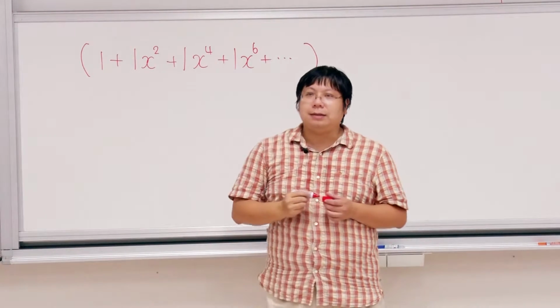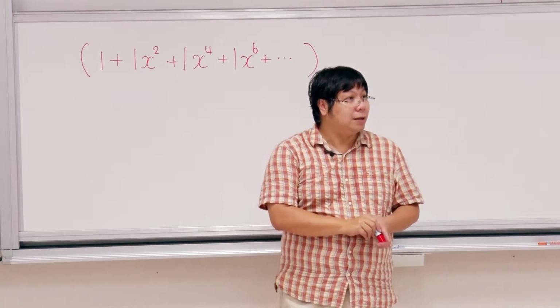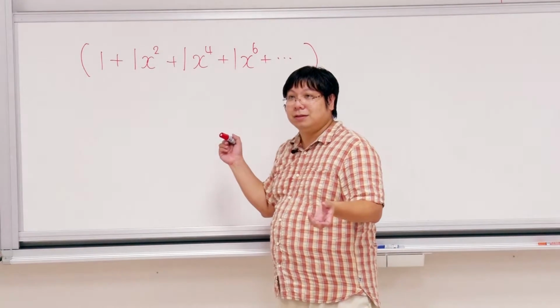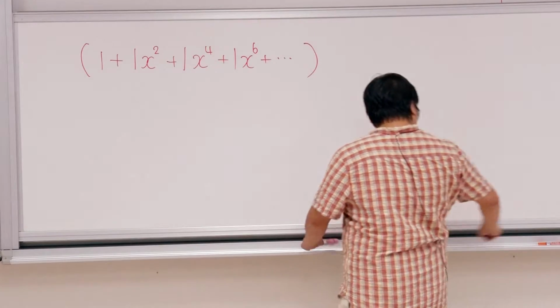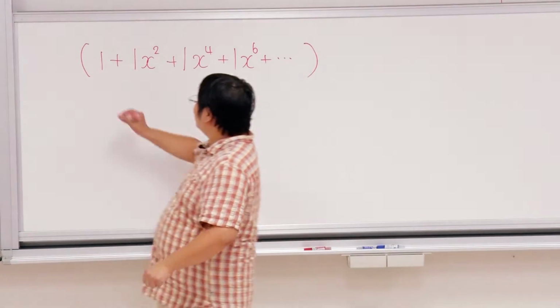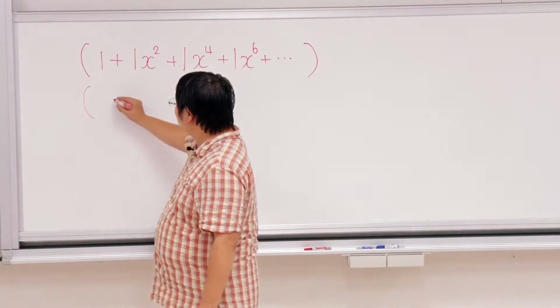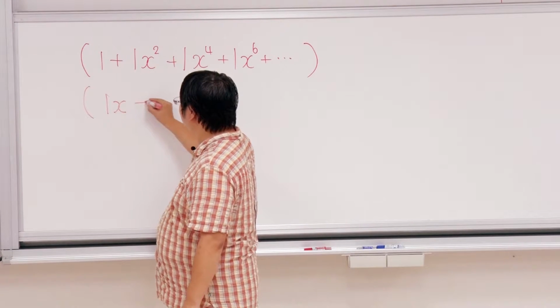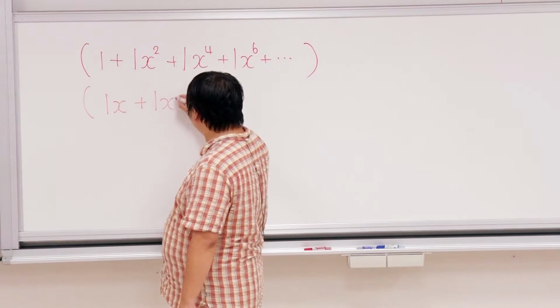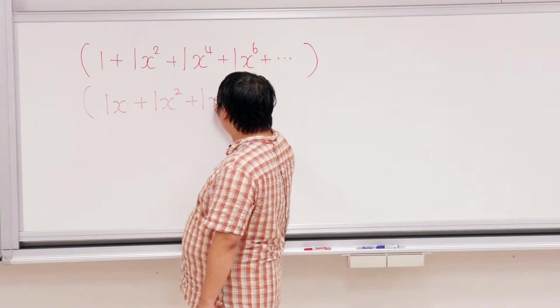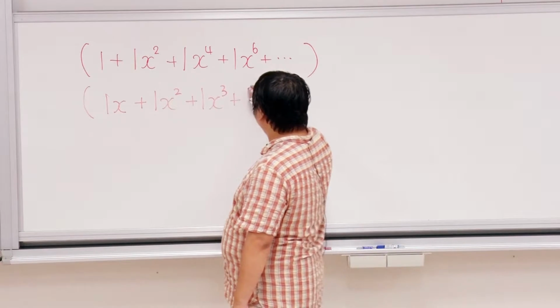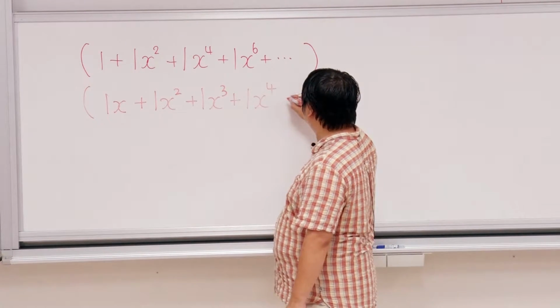I'm going to use this formula to represent apples. And for orange, what is the formula? The formula for orange will be equal to 1 times x plus 1 times x squared plus 1 times x cubed plus 1 times x to the power 4.